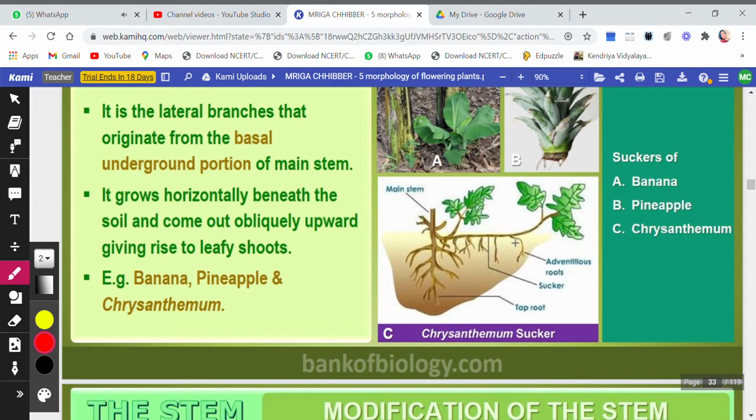Then it will emerge out of the soil and it will appear to look like a new plant, with shoots and leaves, everything will be present there. Examples are banana, pineapple, chrysanthemum.